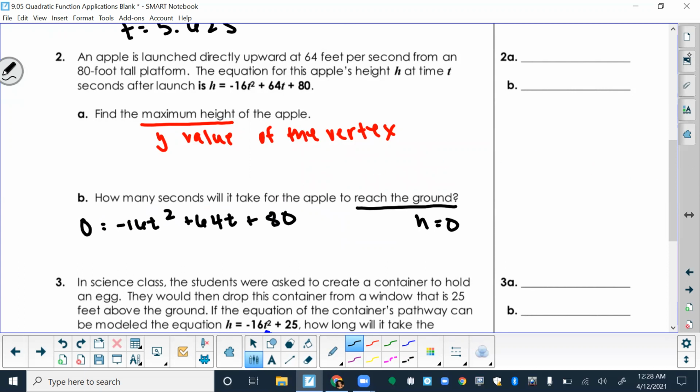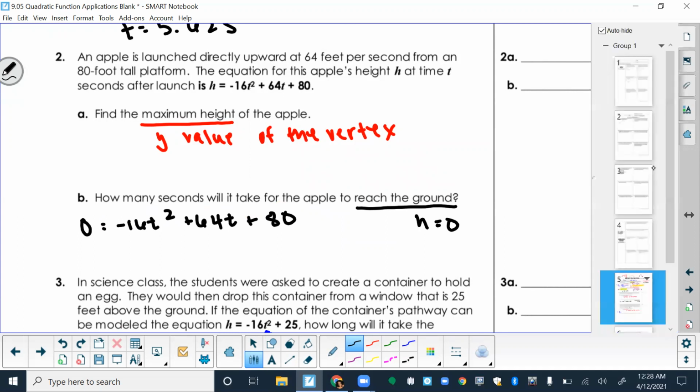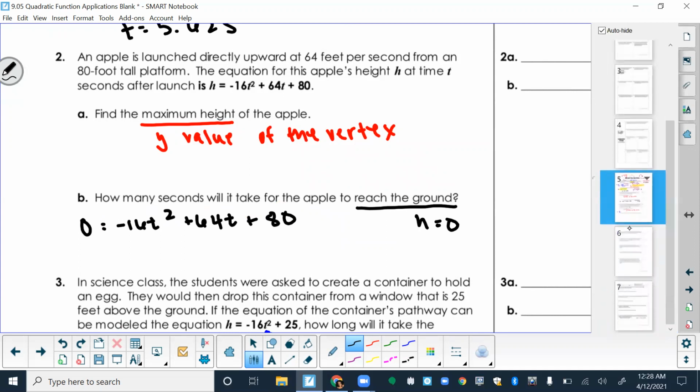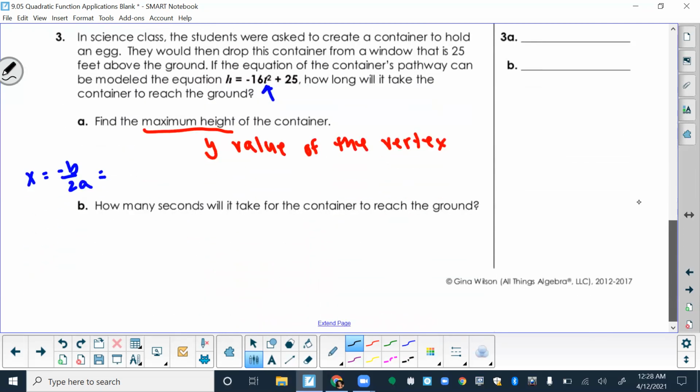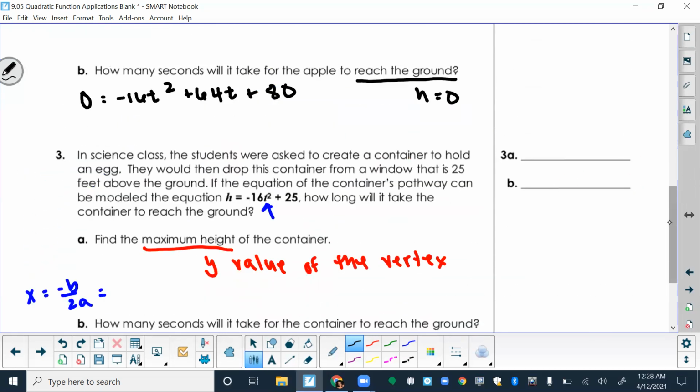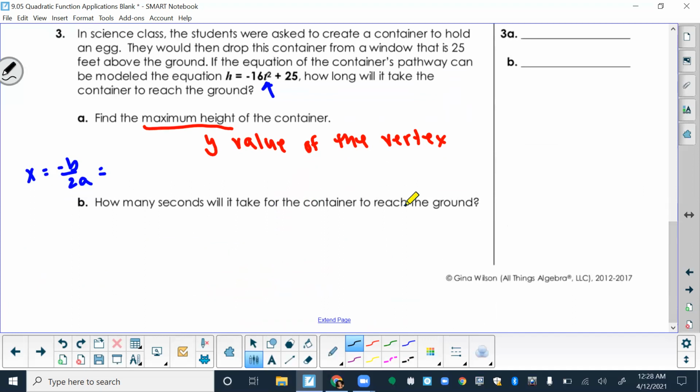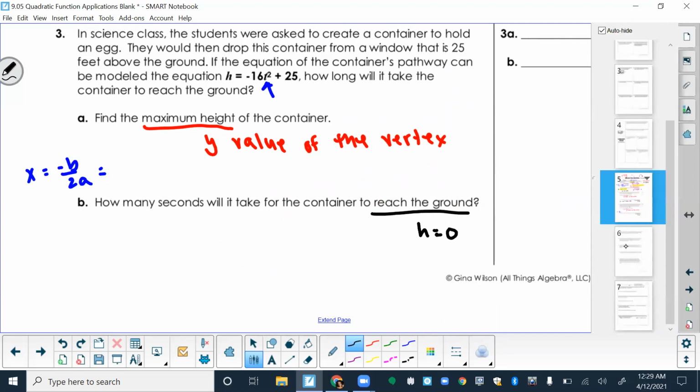Let's see if there are any unique problems on the back, because I believe number 3 is the same. How many seconds will it take for the container to reach the ground? So h equaling 0 again. Looking at the backside now.